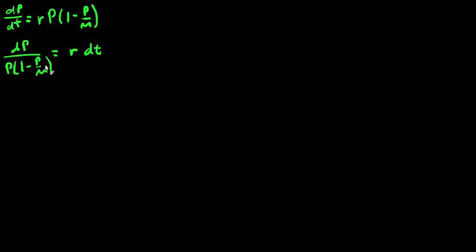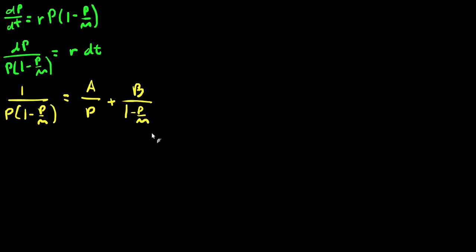So I'm going to use partial fractions to rewrite 1 over P(1 - P/M) as two fractions, A over P plus B over (1 - P/M).